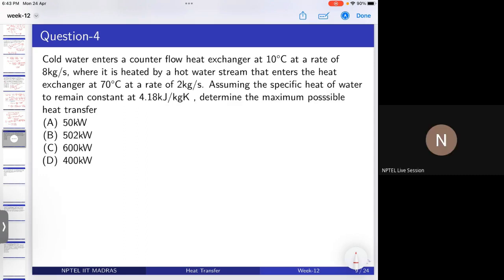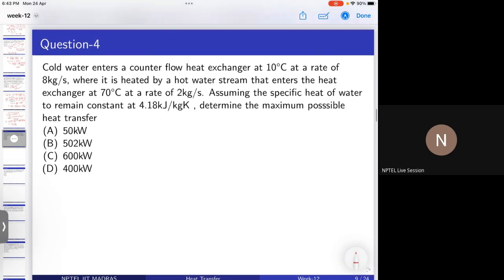Okay, that's fine. So first, what we have to do is find out the maximum possible heat transfer. What are the given things? The cold fluid enters at TCI, 10 degrees Celsius, and the mass flow rate of cold fluid is also given.